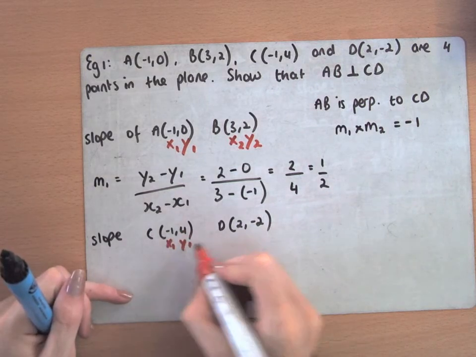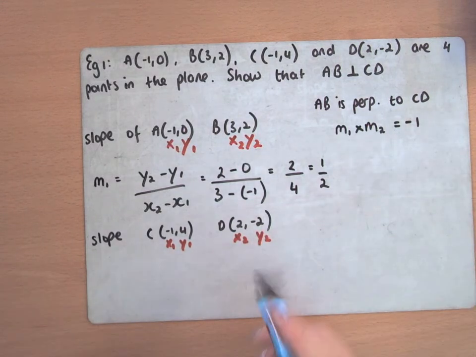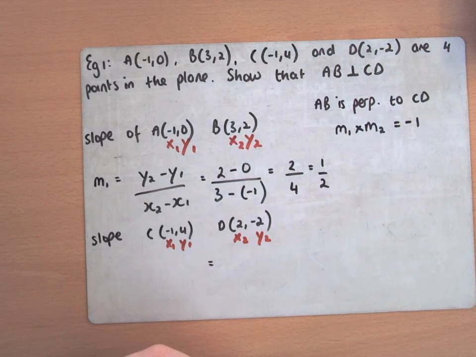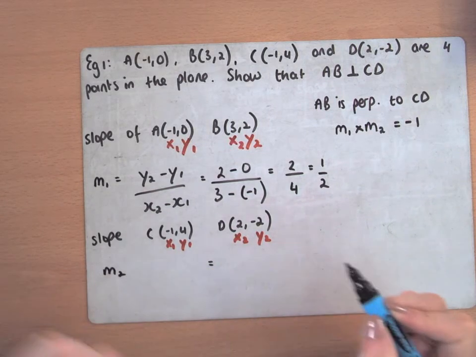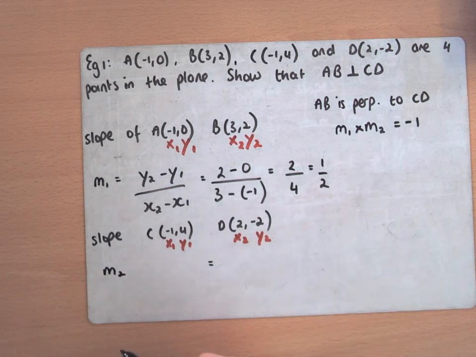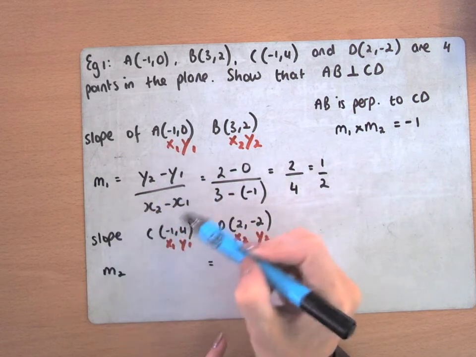X1, Y1, X2, Y2. So this is M2. I'm not even going to bother writing down my formula again because it's right there.